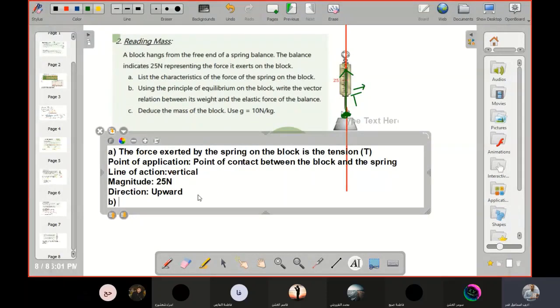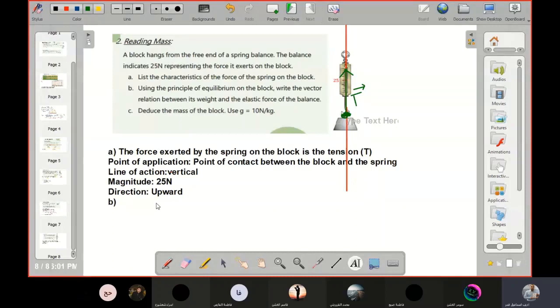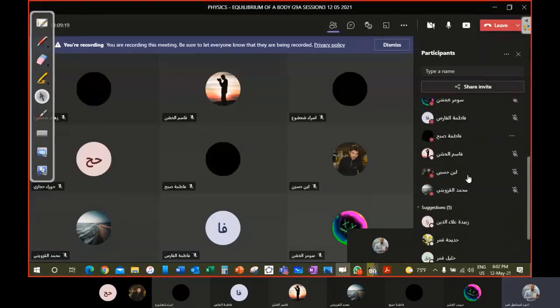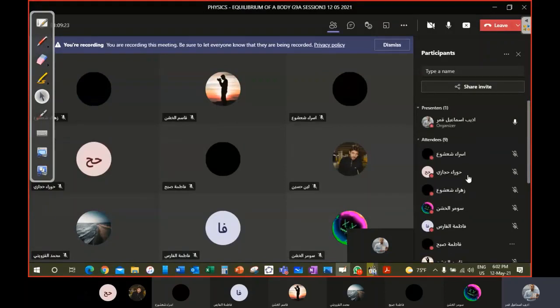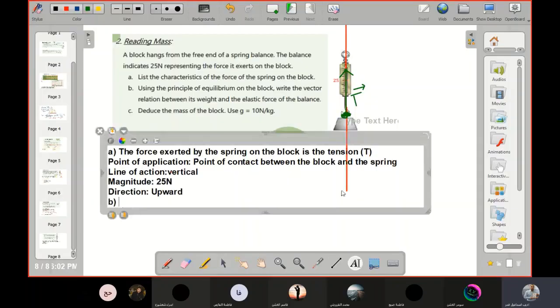Okay, part B. Who wants to answer part B? Zahraa Shashou. Using the principle of equilibrium on the block, write the vector relation between its weight and the elastic force of the balance.